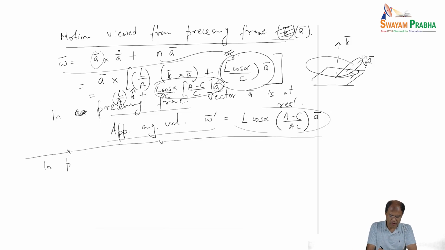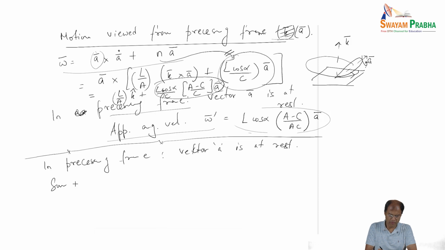So in the precessing frame, the vector A is at rest. The vector A is at rest, right? So this is what we have seen.